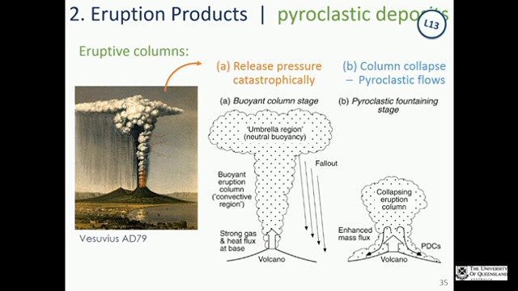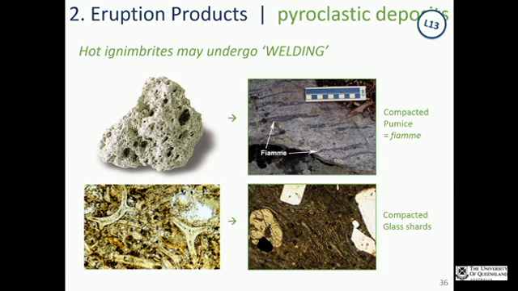And when the plume gets denser than the air, and when we lose a bit of the initial energy and collapses, we get the very, very dangerous pyroclastic density currents that, when they come to rest, generate a pyroclastic deposit called ignimbrite. Yeah? And those ignimbrites may undergo welding if they're hot enough.